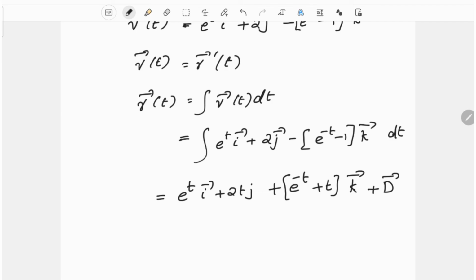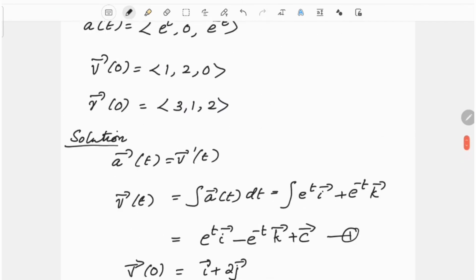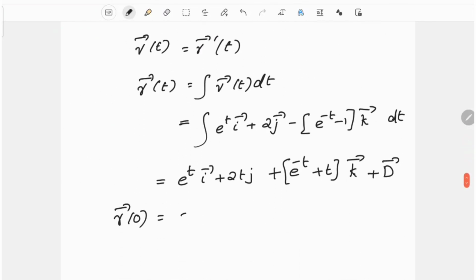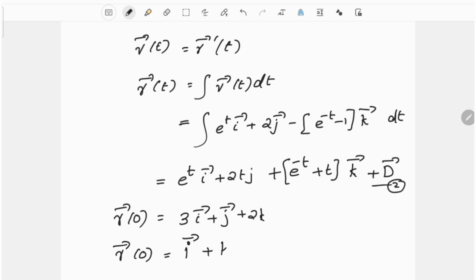To obtain vector d, we use the initial condition r(0) = 3i + j + 2k, and using equation 2 we have r(0) = 1i + k + d, that is equal to 3i + j + 2k.